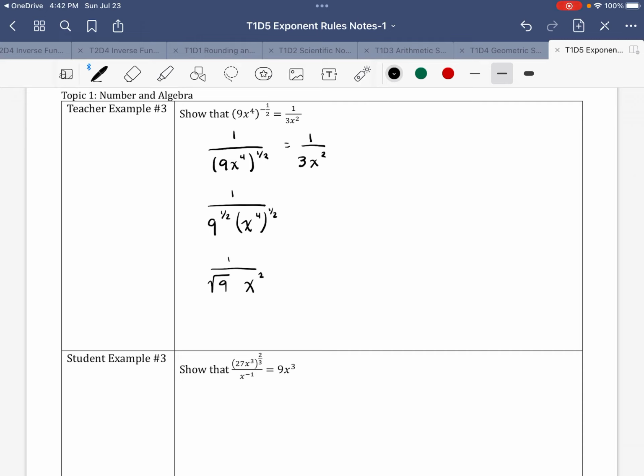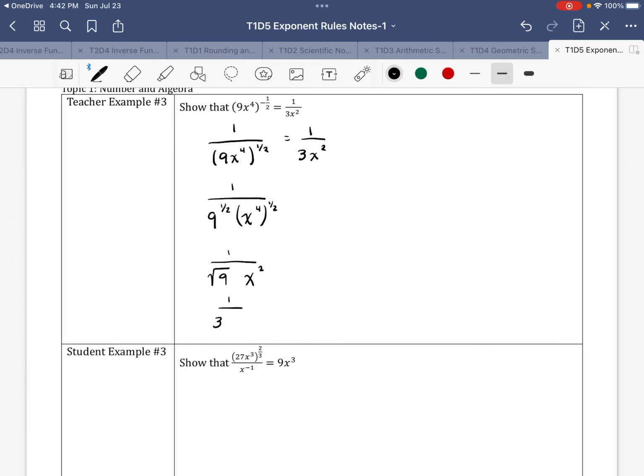So if I continue to simplify this one more time, the square root of 9 is equal to 3. So 1 over 3x squared. And now we can show this equals our starting point right here. Go ahead and try student example number 3 on your own.